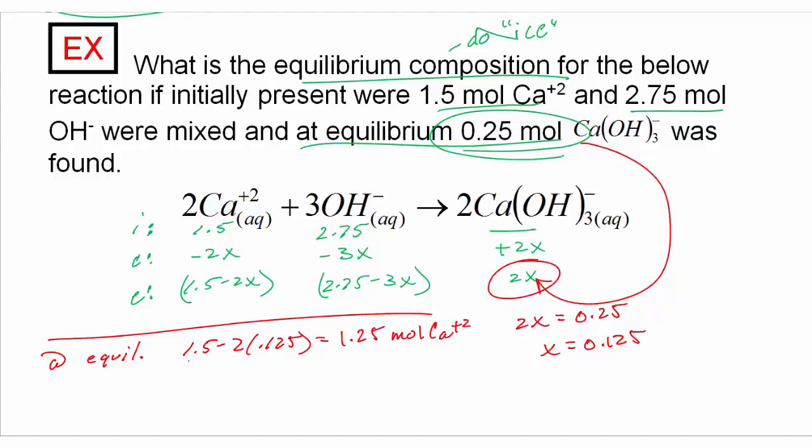I'll have 2.75 minus 3 times 0.125, which is 2.375 moles of hydroxide. And they said that my calcium hydroxide was just 0.25.